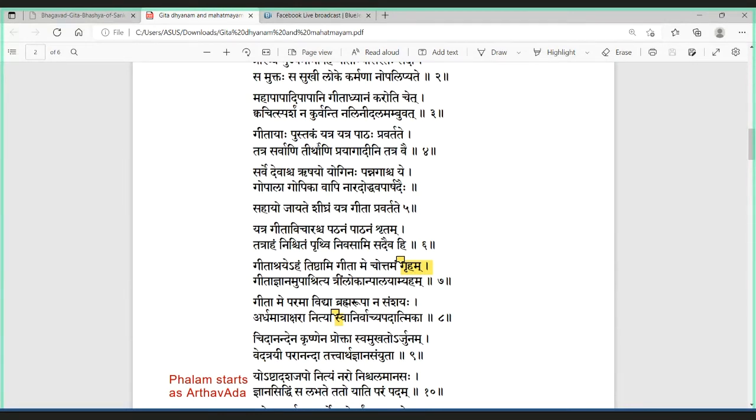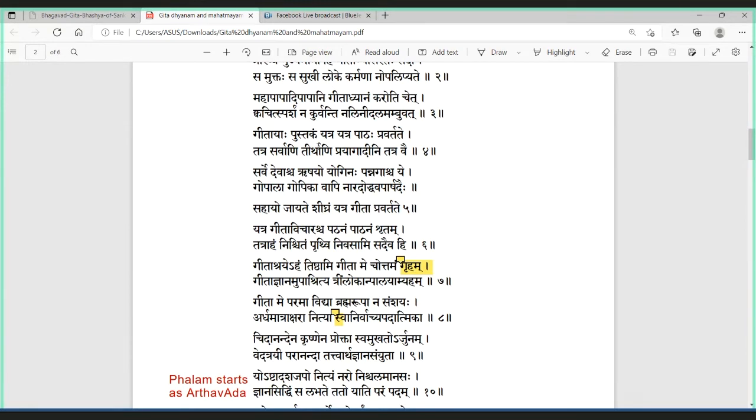And even now, you find ISKCON does this, gives free books and so on. The idea is, Gitaya pustakam yatra. Wherever there is the book Gita, or yatra pathaha pravartate, or someone goes through the parayanam. Pathaha here means only reading, that's it. You're just reading the verses. Pravartate, you're engaged in just doing the parayanam of the verses.